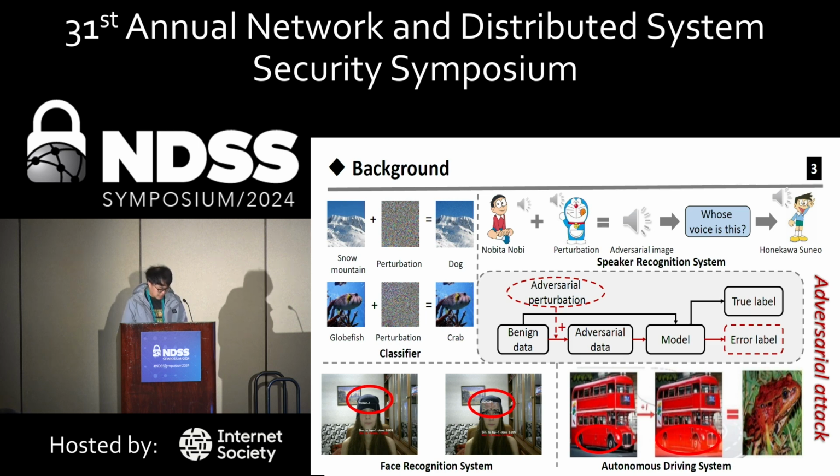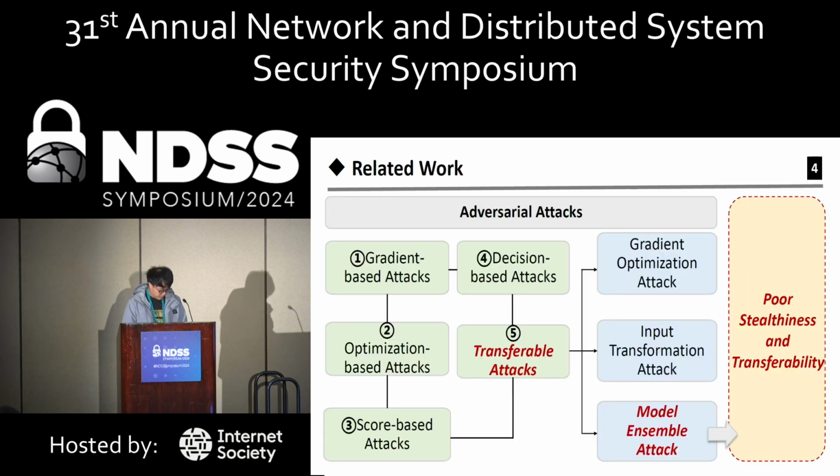Consequently, adversarial attacks have become an important area of research in the field of deep learning. Understanding the principles and methods of adversarial attacks, exploring possible attack methods, and mitigating potential risks are essential to enhance the security and robustness of deep neural networks.